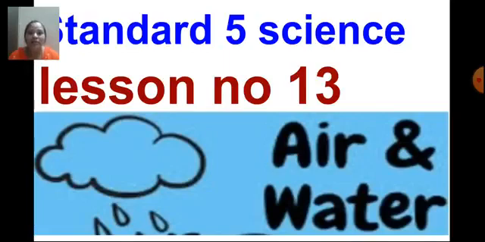Till now we have discussed the atmosphere. What is the atmosphere? The blanket of air that surrounds the earth is called the atmosphere. The various layers of the atmosphere are the troposphere, stratosphere, mesosphere, exosphere and thermosphere.